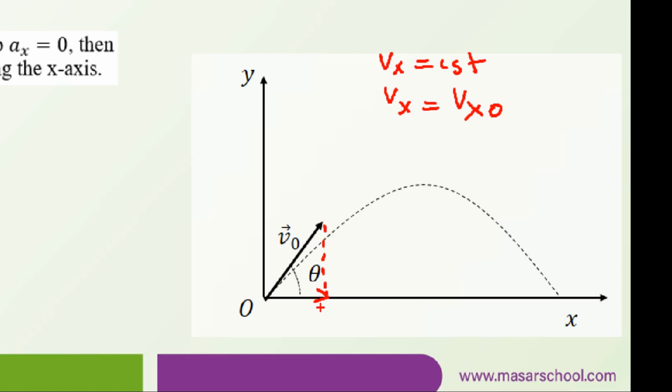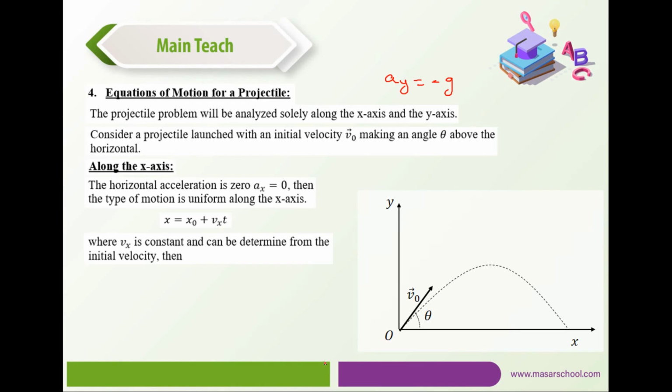Geometrically and analytically, that would be V0 multiplied by cosine theta. That would be Vx0, the component of V0 along the x-axis, where Vx is constant and can be determined from the initial velocity. Then Vx is Vx0, which is V0 cosine theta, and now we're done with the motion along the x-axis.